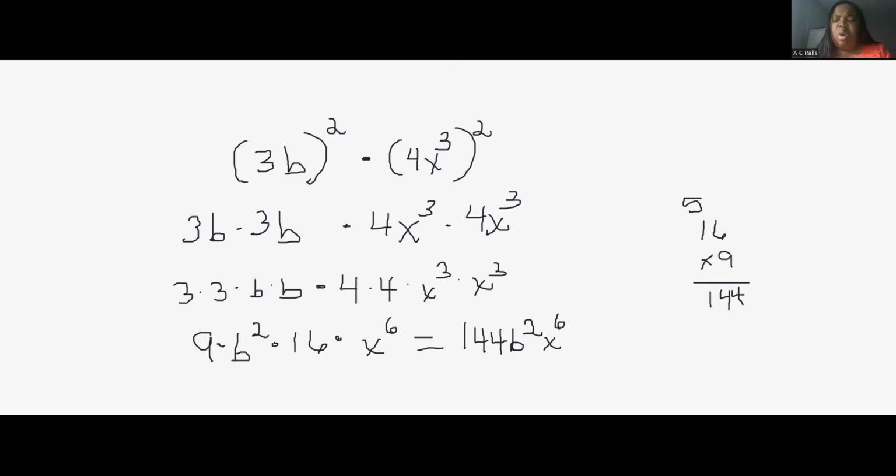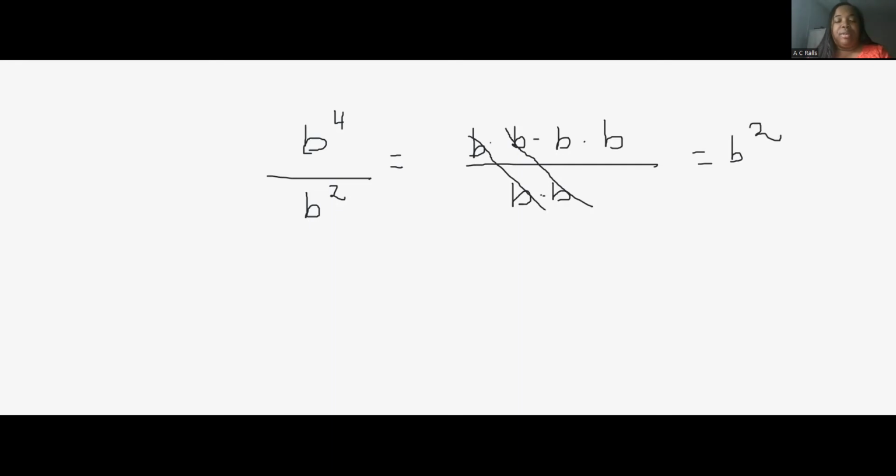We're going to dig into some harder ones in a moment, but I want to show one more thing. This is how you multiply. Let's talk about what it would look like if we were to use exponents and divide. So let's say we have b to the 4th power, and we wanted to divide that by b to the 2nd power.